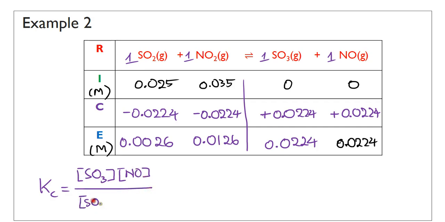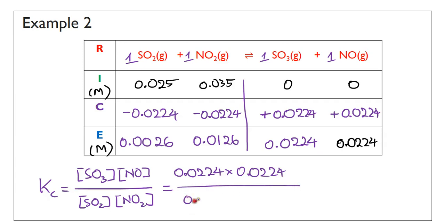So you have 0.0224. Well, these two are the same, so you can square it if you want. But I'm just going to write it out. And then you have 0.0026 times 0.0126. You just need to be careful when you put this in the calculator, which I am doing right now.